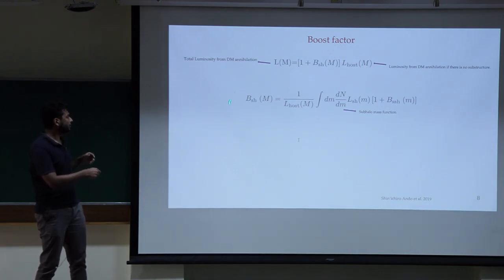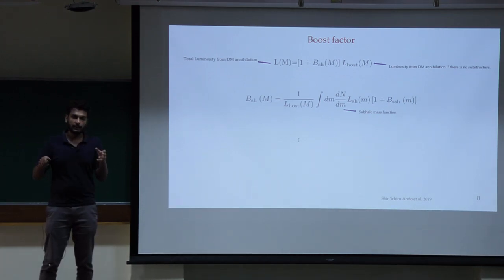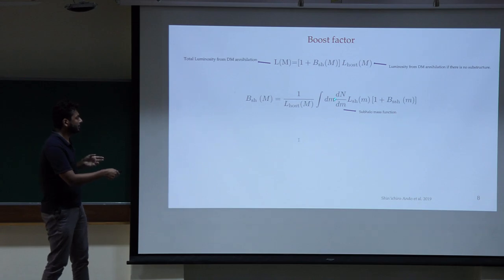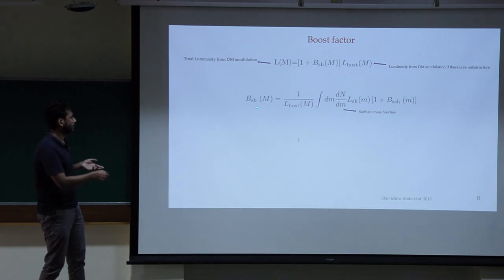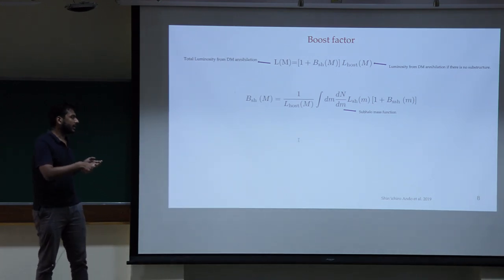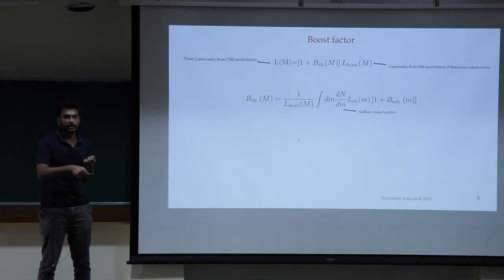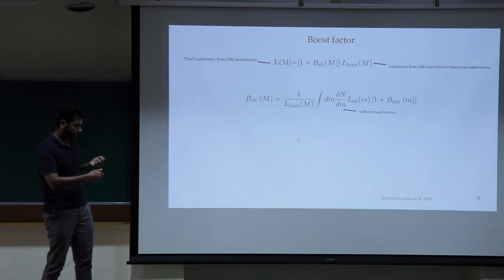You can calculate this boost factor by integrating over the subhalo mass function: for a given mass of subhalo, how many subhalos will there be, and this L_SH is the individual luminosity of these subhalos. The way we do this is we use a semi-analytic model to calculate this subhalo mass function and take into account effects like tidal disruption and all. Once you get this term, we can get this boost factor.